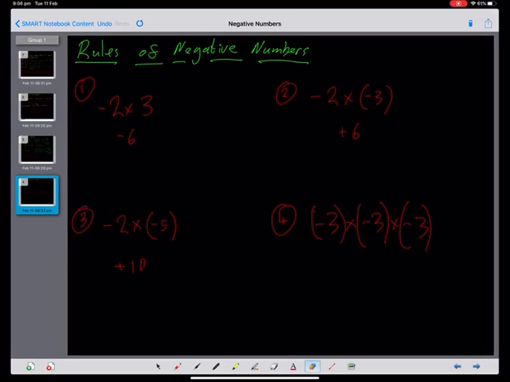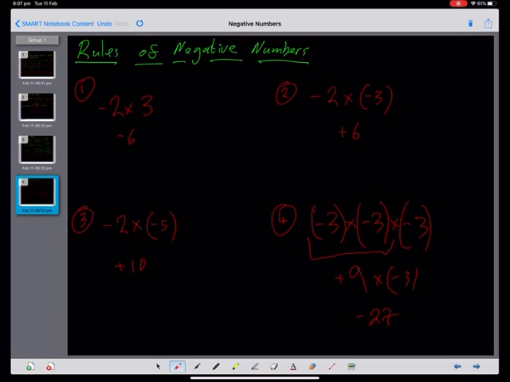Okay, so let's do this step by step. So we know a negative multiplied by a negative is a positive, 9. And we can then multiply it by a negative. And we know a positive multiplied by a negative is a negative, so we get negative 27.